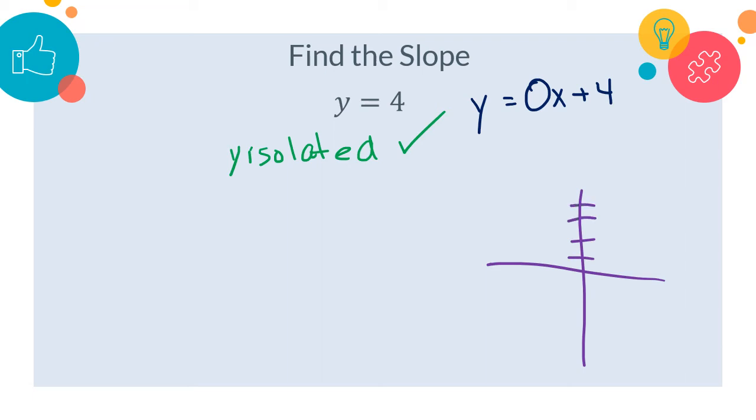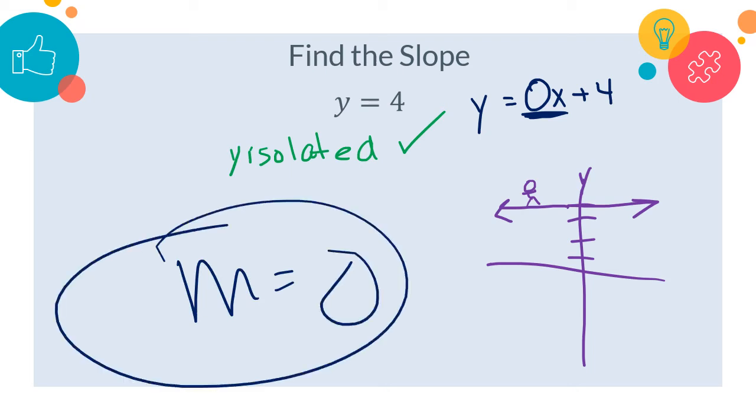If I go through the y-axis at 4, that creates a horizontal line. So what's the slope of a horizontal line or a number that makes the x go away? 0. My slope is 0 on this one, so watch out for those unique equations.